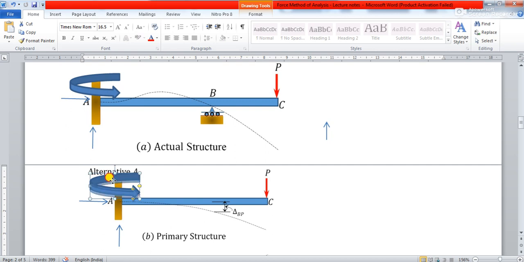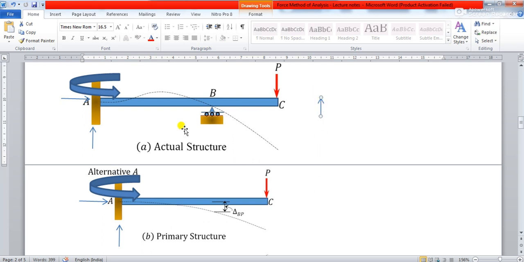And you have removed this prop, or this roller support, from the structure. After removal of this support, you see this structure remains stable. After removal of this redundant force, what is this redundant force basically?